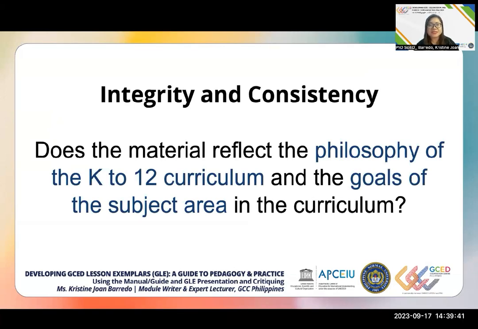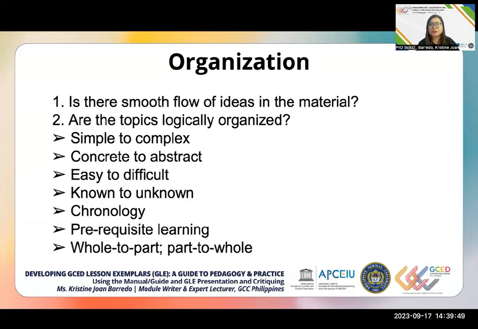Integrity and consistency. Does the material reflect the philosophy of the K-12 curriculum and the goals of the subject area in the curriculum? For the organization, is there a smooth flow of ideas in the material? Are the topics logically organized?